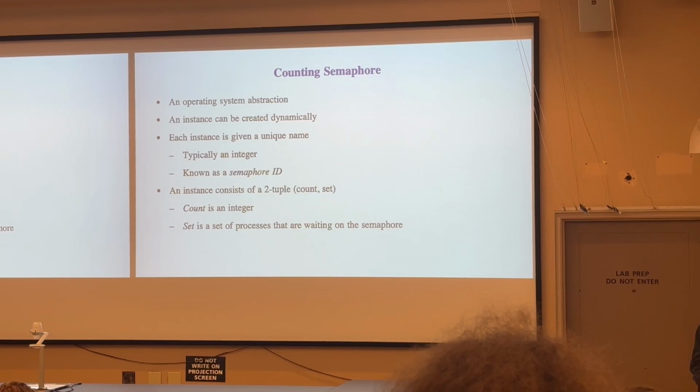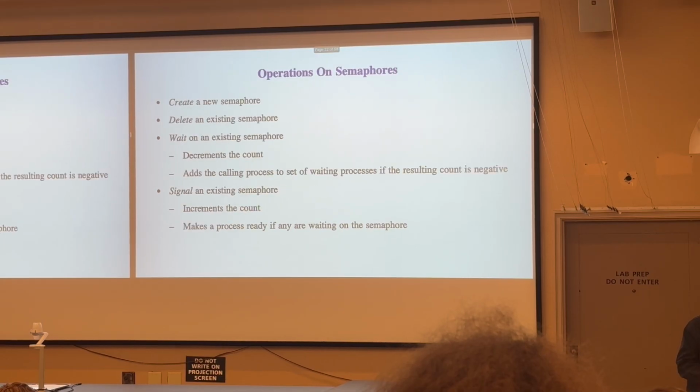Each semaphore instance is given a unique name, usually a semaphore ID. Each instance consists of a two-tuple, a count and a set. Count is an integer, and the set is a set of processes that are waiting on that semaphore. The count is the number of processes that you allow to access the shared resource concurrently. I assume that people already know this from 252.